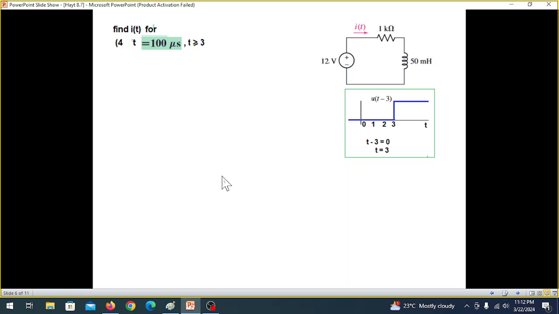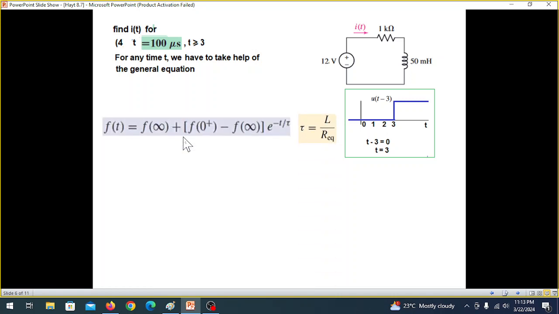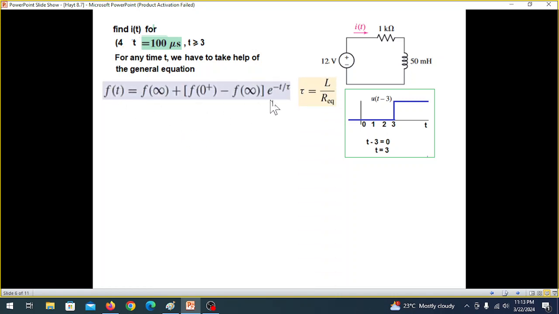And then we come to part 4. We have to find i(t) at t is equal to 100 microseconds. Again, remember that this is after t greater than or equal to 0. So somewhere here, 100 microseconds after 3. For any time t, we have to take help of the general equation. So the general equation was this, we concluded, where tau is L over R equivalent.